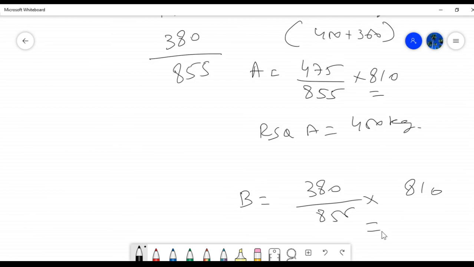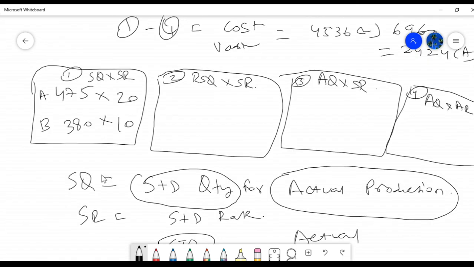So we identified 450, 360. 450, 360 is my RSQ. Now I am writing A 450, B 360 kg.